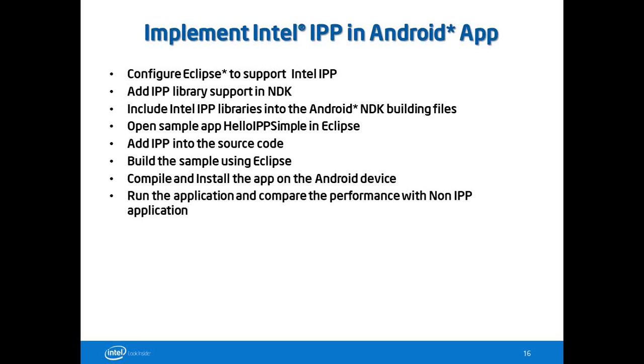Right now I don't have a non-IPP version of the application that I showed you, but if you have one, you can always do that comparison. And what we have seen from the sample apps that we ourselves developed, and also with a few of the partners that have used our IPP, is that there is significant performance improvement by using the IPP library.